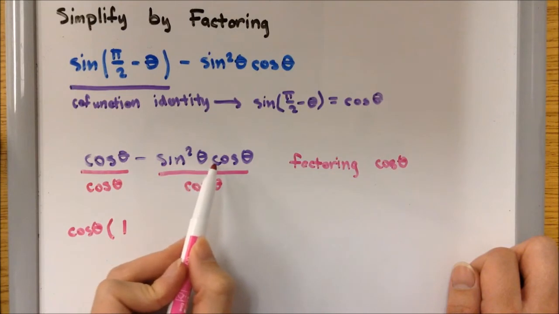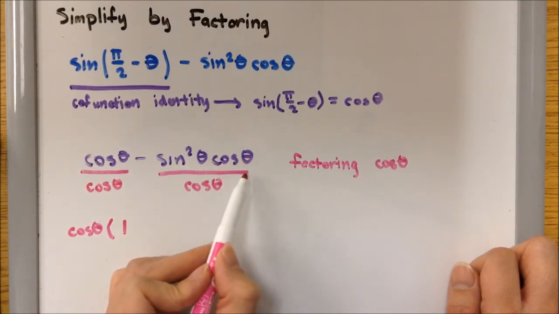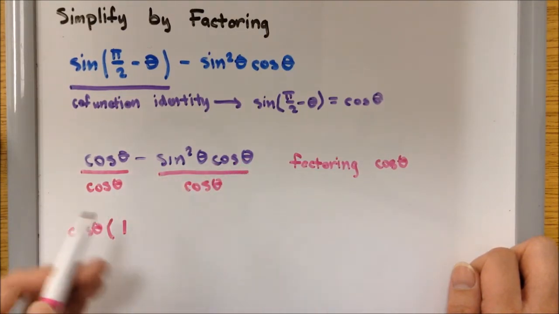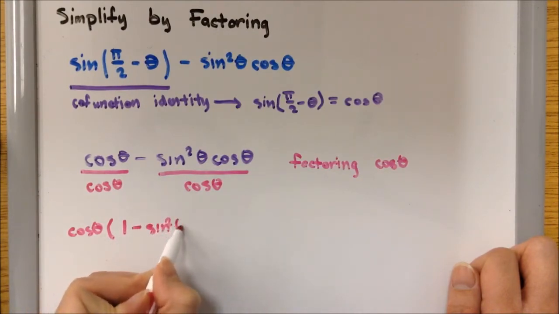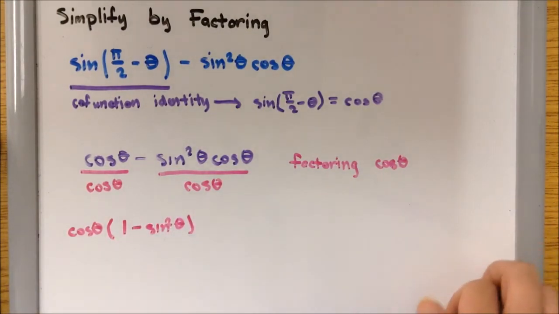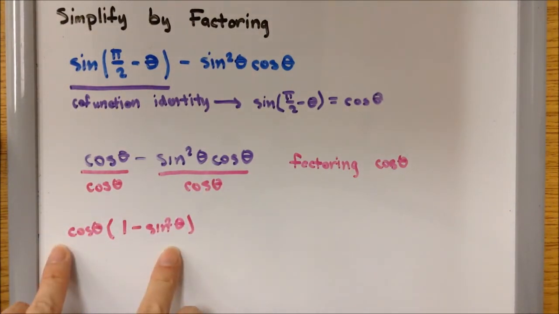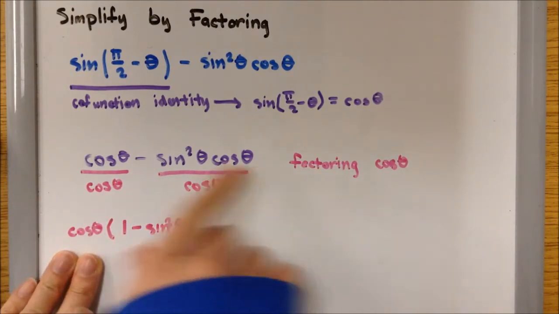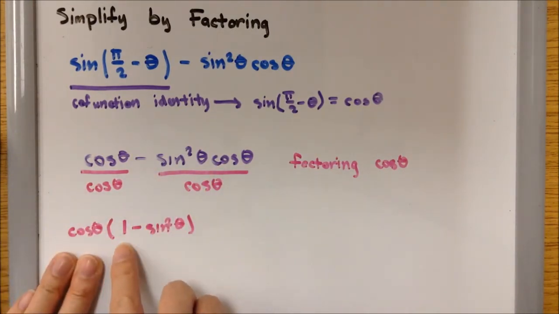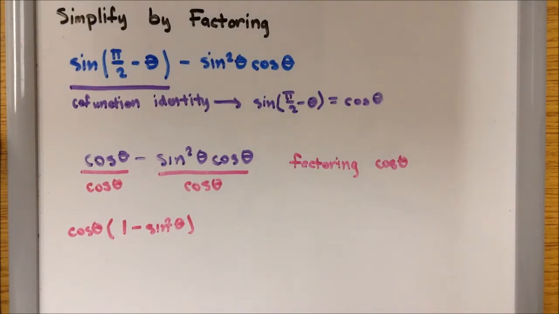Sine squared theta cosine theta divided by cosine theta will be simply minus sine squared theta. So I factored and broke it down into simpler parts. I still have that cosine theta which I factor out, and then I have 1 minus sine squared theta. Hey, 1 minus sine squared theta, that looks familiar.